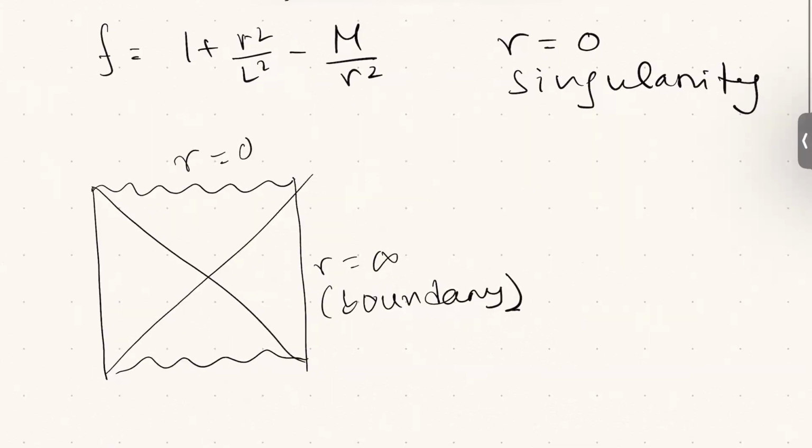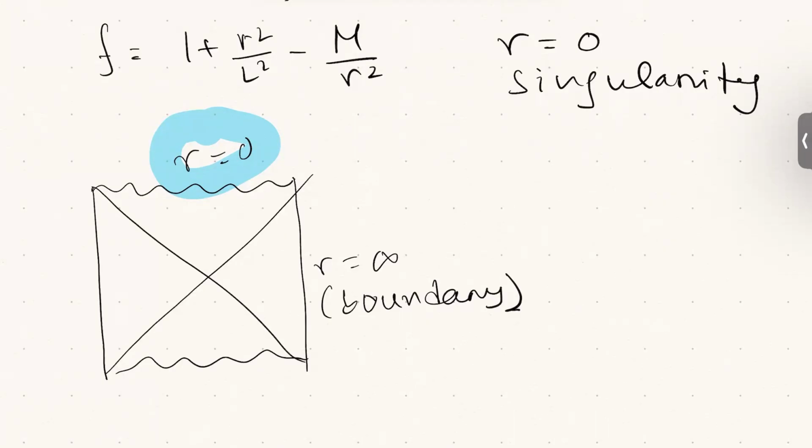So this r equals 0 part, I don't know how to highlight this part, this is the singularity, right? And at r equals infinity, there is a boundary.